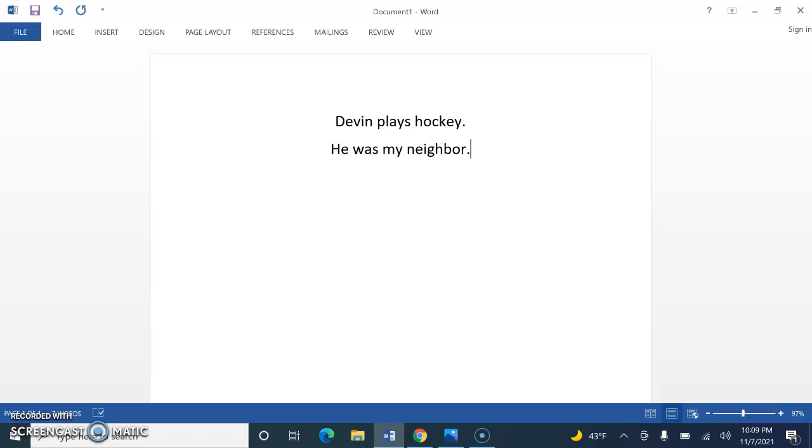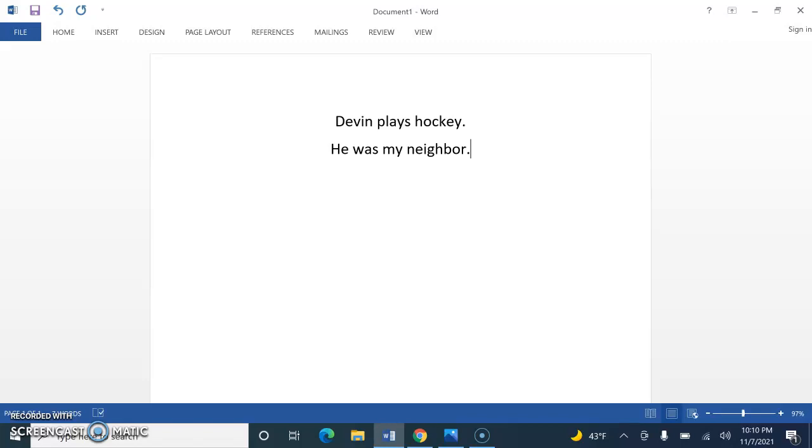And we talked about the fact that we have two different kinds of verbs. As you can see on the screen right now, I have two sentences. One is Devin plays hockey, and he was my neighbor. In the first sentence, you have an action verb, plays, and then in the second sentence, we have was, which we identified as a linking verb.